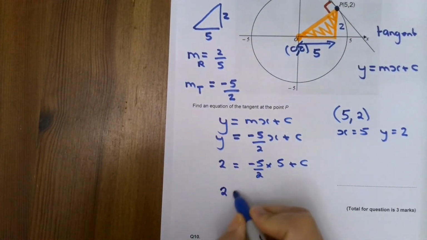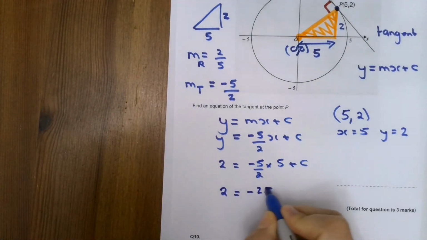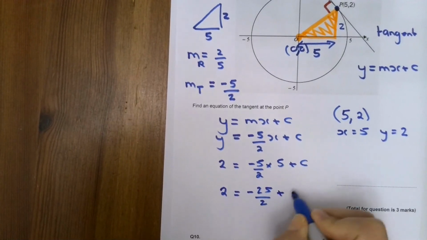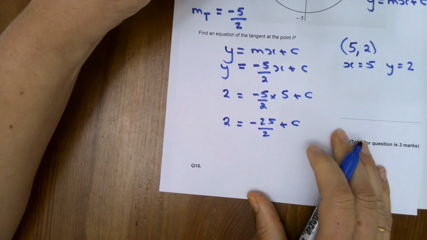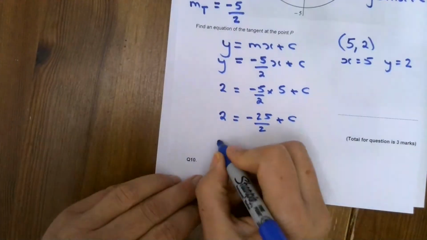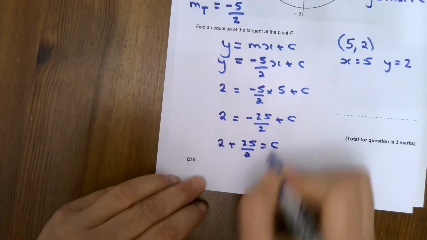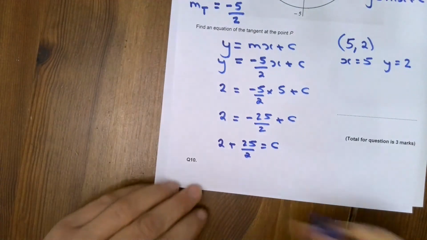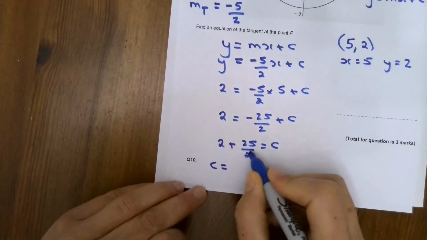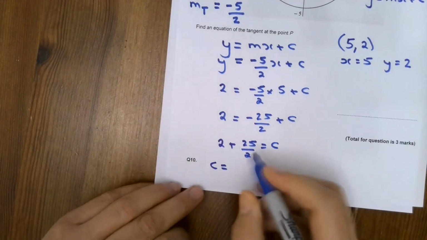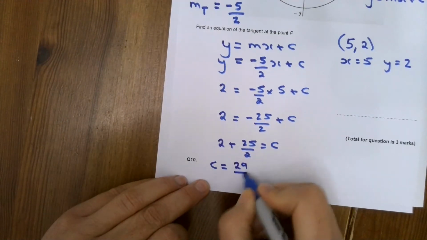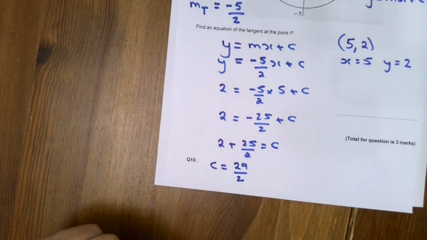And if I do that, I can find c. So 2 is negative 25 over 2 plus c. So 2 plus 25 over 2 equals c. So c will equal 29 over 2. Just use your calculator.